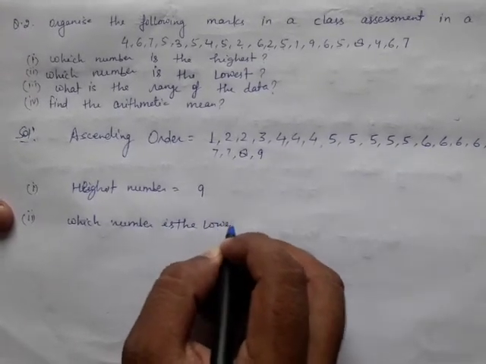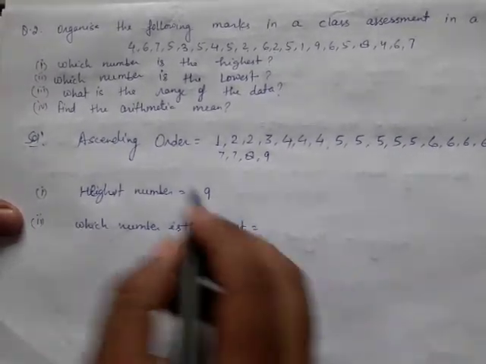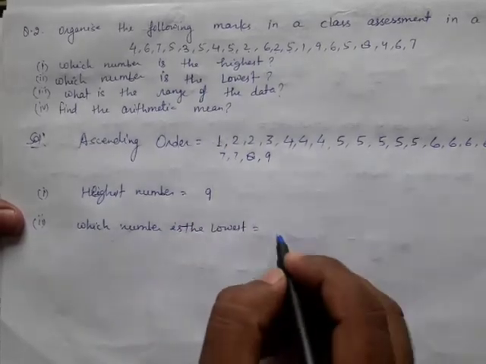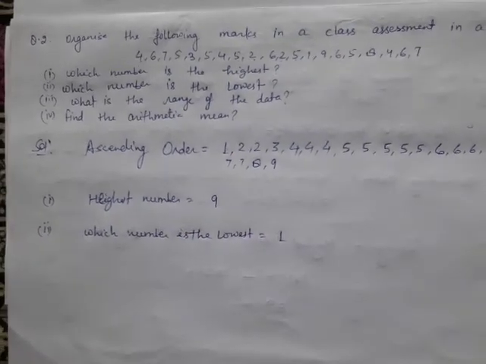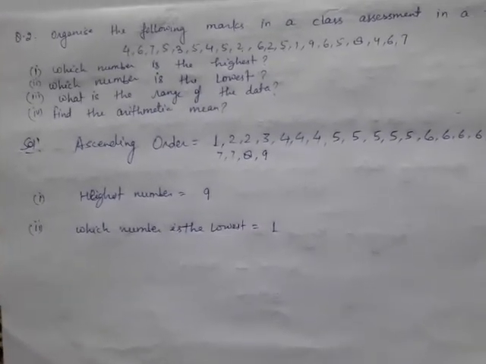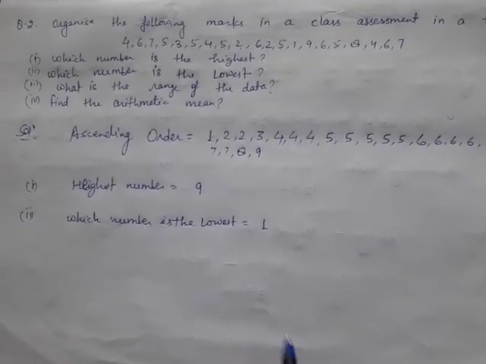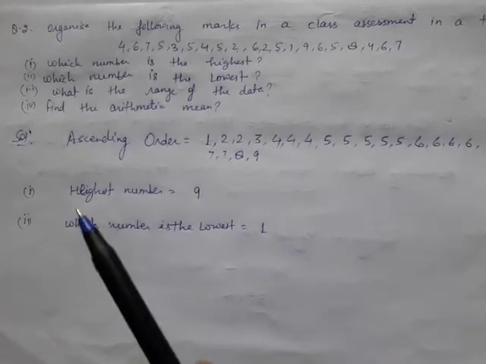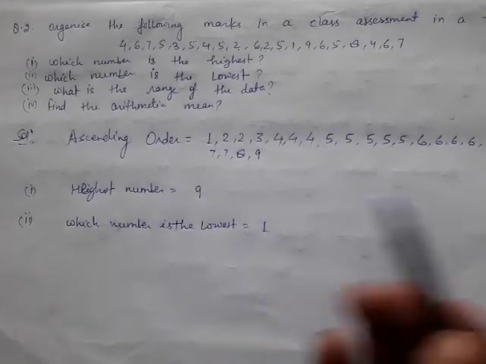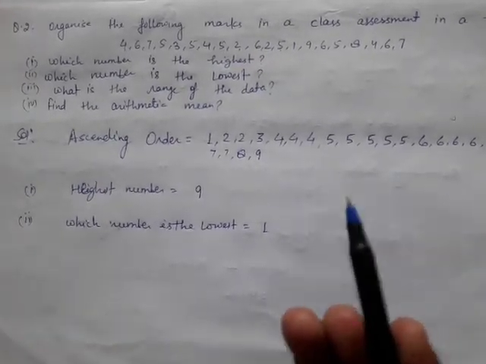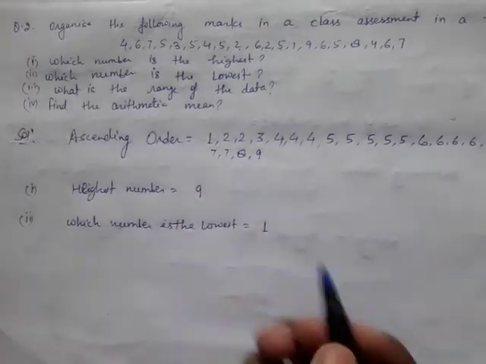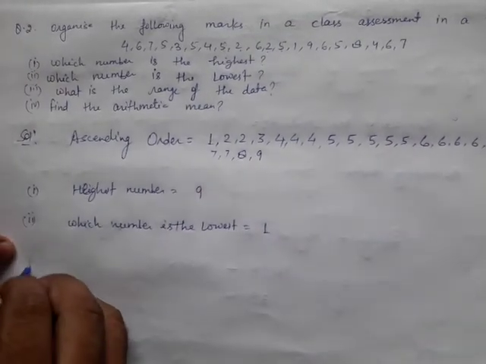The lowest number is 1. Highest means greater: which number is greater? Lowest means smallest: in all the data, which number is very small? Clear?